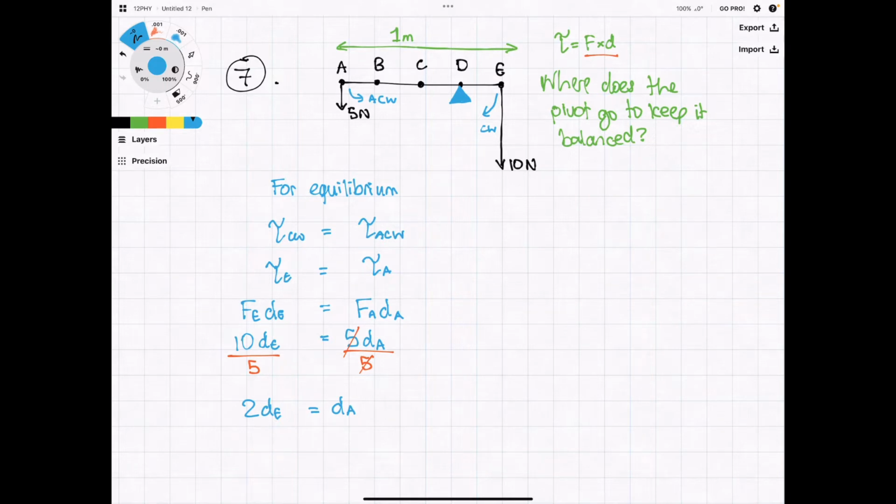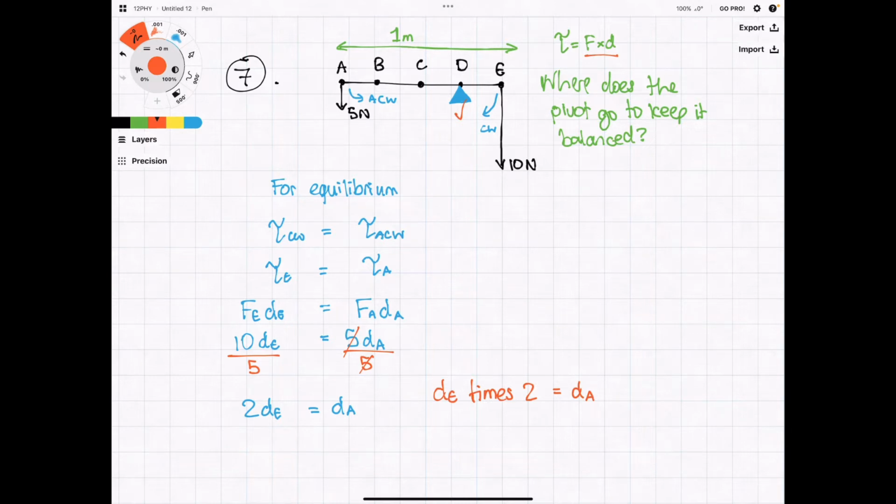So distance E times 2 equals distance A. If we take the distance E and times it by 2, we get distance A, which tells us that A should be twice as large as distance E, which tells us that this is correct and that the pivot has to go there at D. And indeed, if we check the answers, we should hopefully be correct.